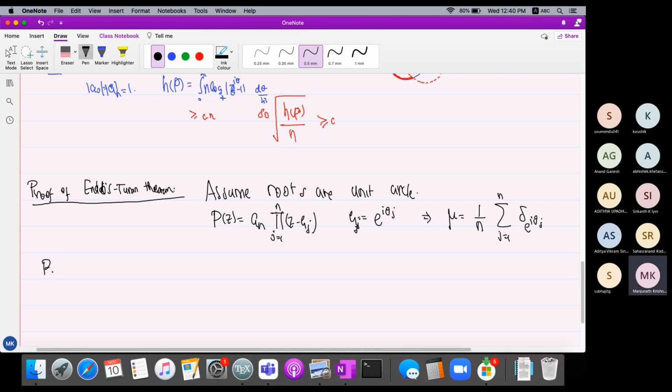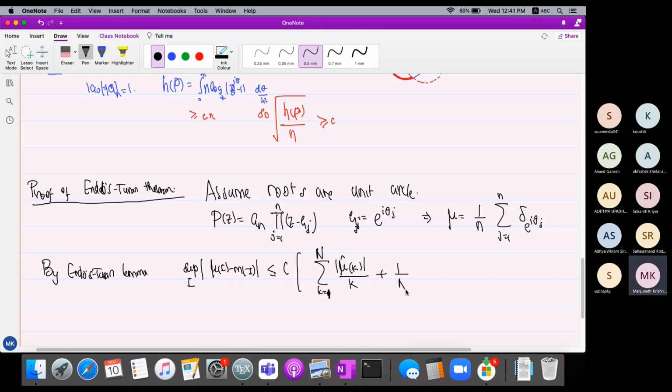By the Erdős–Turán lemma, the equidistribution lemma, we know that the supremum over all arcs I of mu of I minus m of I can be bounded by a constant times the sum for k from 1 up to N of mu hat of k over k, plus 1 over N. Let me use a capital N, since this n is now the degree.